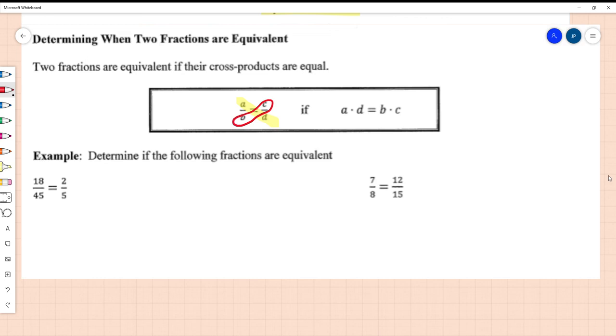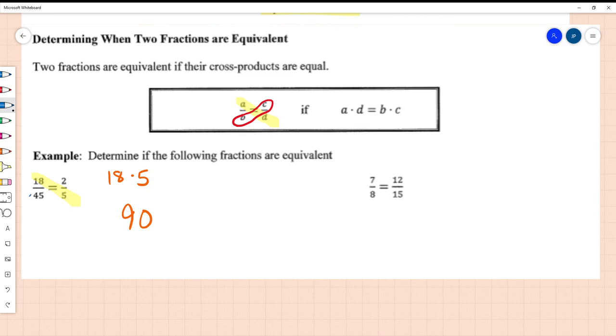So it says determine if the following fractions are equivalent. So let's do cross products here, multiply across. So here we have 18 times 5, and let me write this all out. 18 times 5. Okay, if we multiply that, 18 times 5 is the same as 9 times 10, so it's 90.